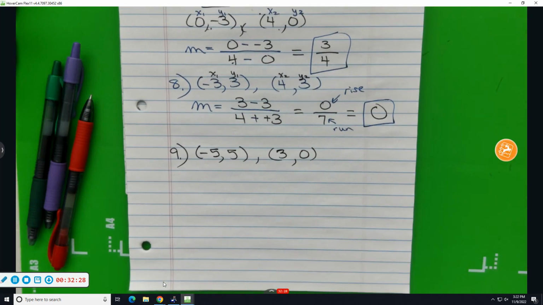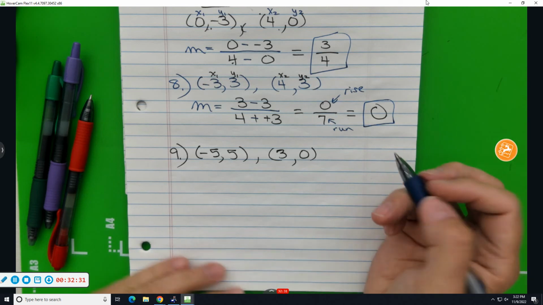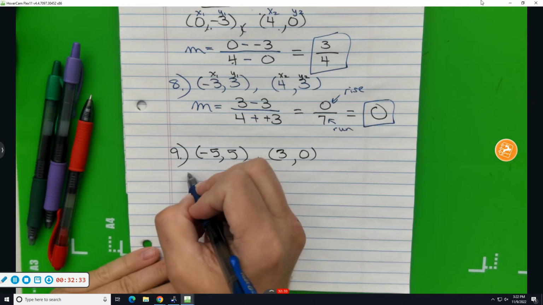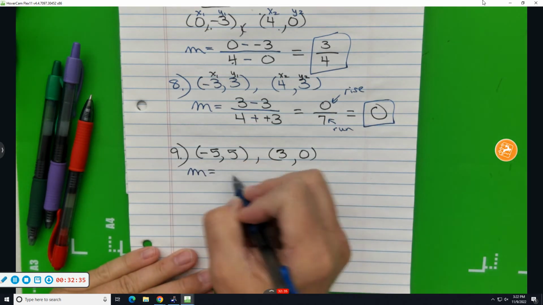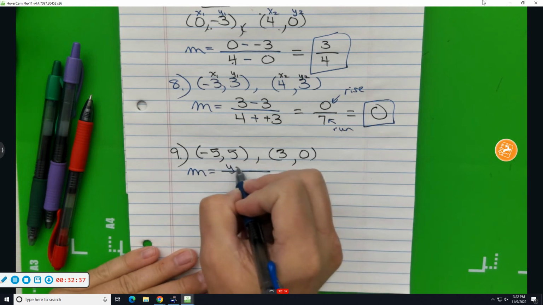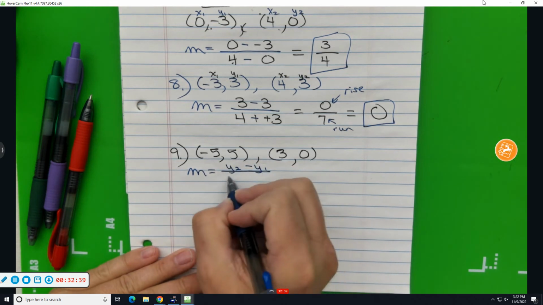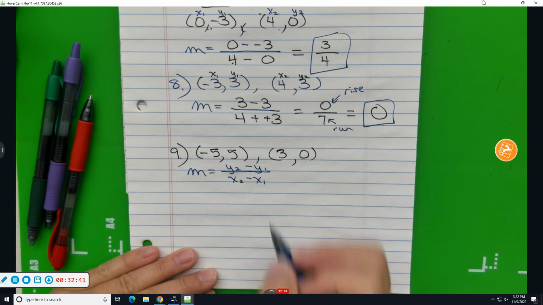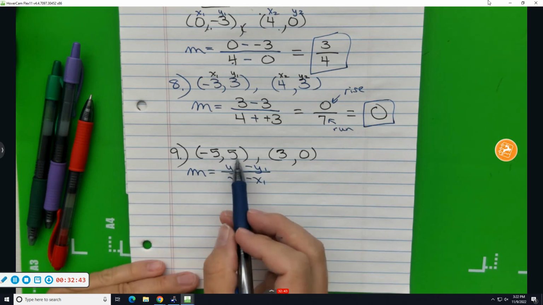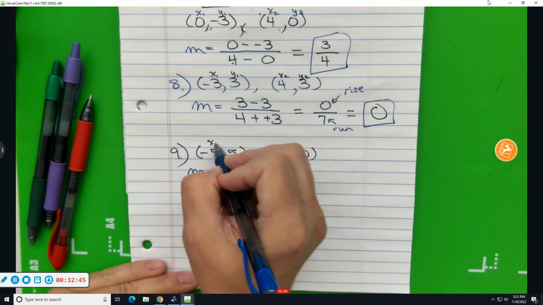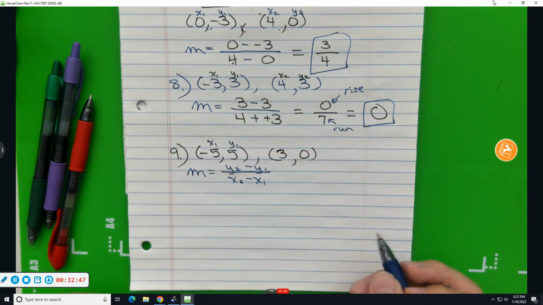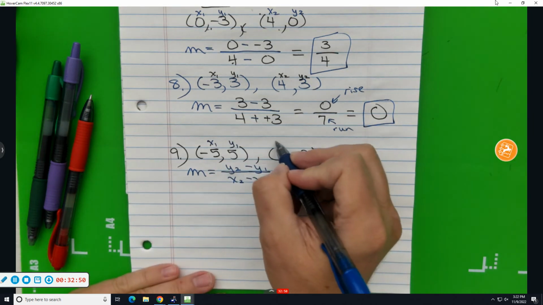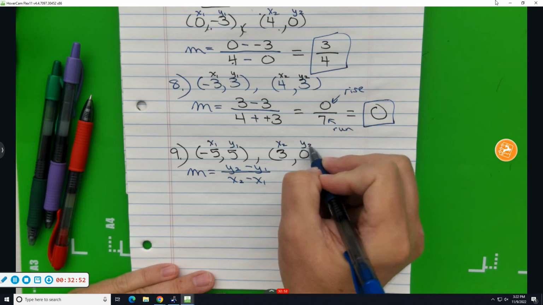We want to find the slope, and we know the slope formula. I'll write it down again for you: y2 minus y1 all over x2 minus x1. The first ordered pair, that's x1, y1. The second ordered pair that I wrote down, x2, y2.